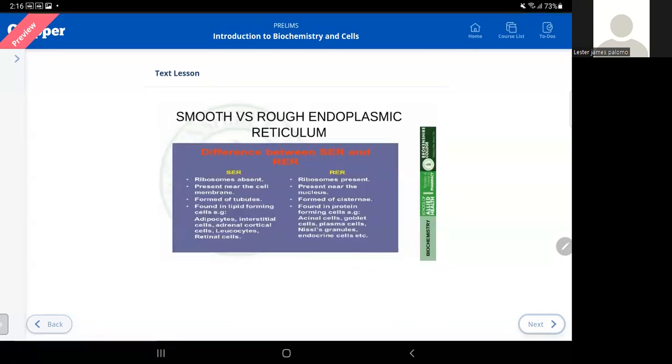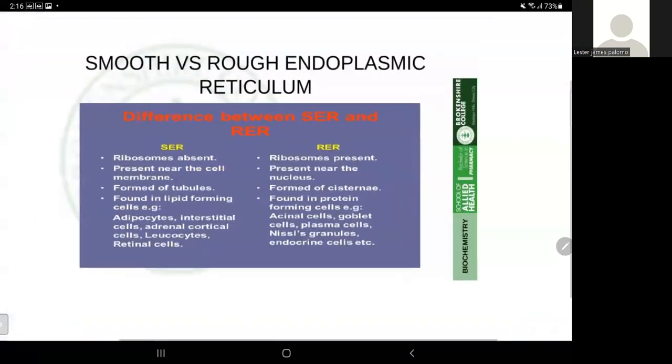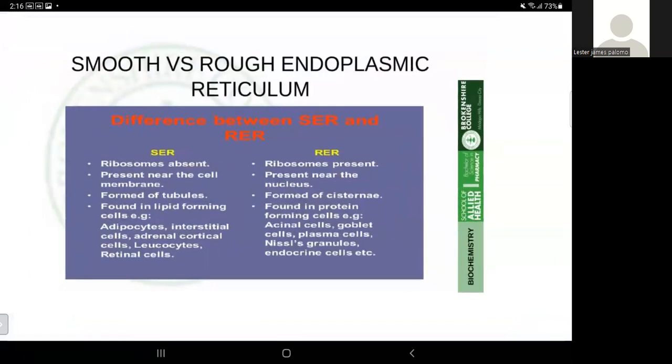Okay, then this is now the short differentiation between a smooth and a rough reticulum. So absence of ribosomes in smooth ER. Ribosomes are present in rough ER. Smooth ER is present near the membrane. Rough ER is present near the nucleus, because that is where the ribosomes come from, the other ribosomes that produce RNA transported towards another ribosome in the RER.